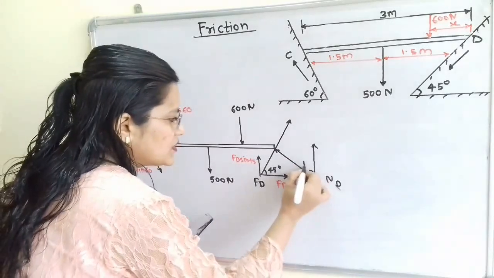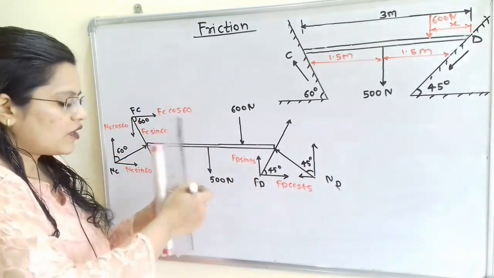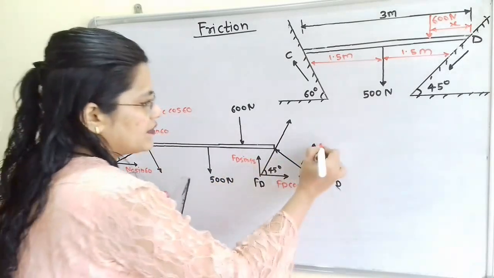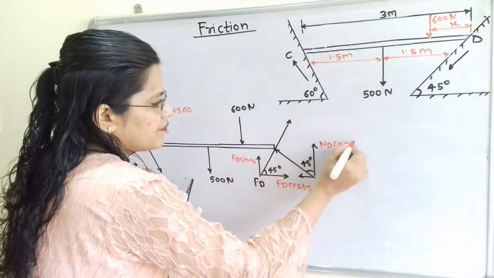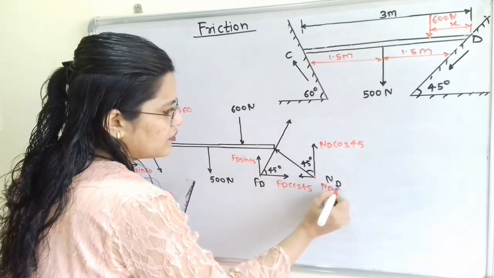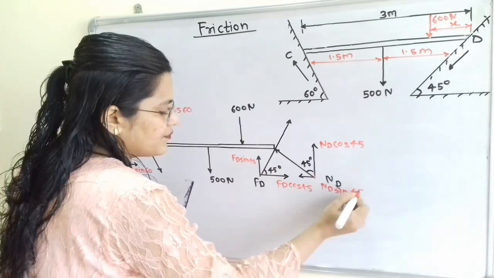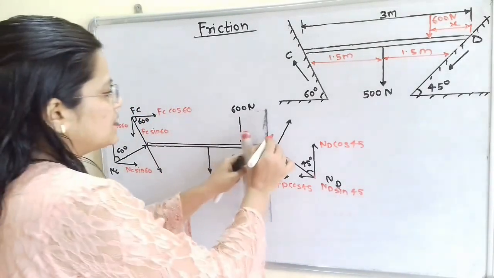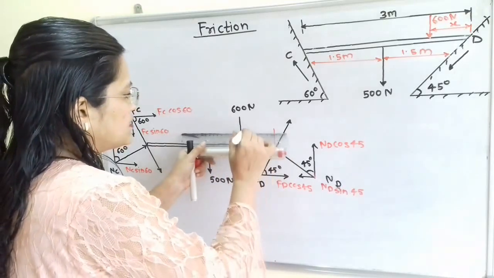So here also the same angle, 45 degrees. So how can we write the vertical component? Nd cos 45, and this horizontal component Nd sin 45. We have to show this distance, and this distance from this point D is x.